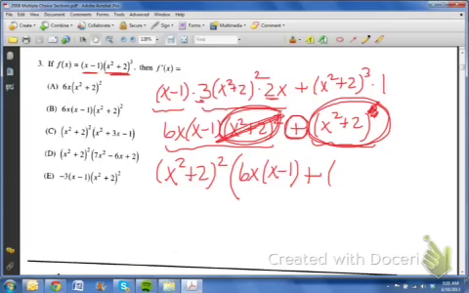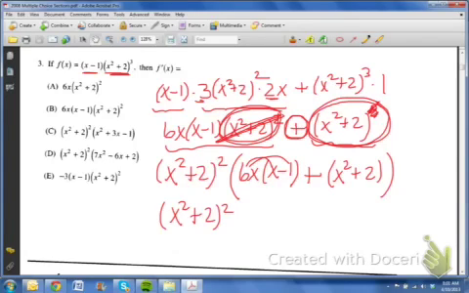So we would have x squared plus 2 left. And so if I simplify inside the parentheses there, I'll get 6x squared minus 6x plus x squared plus 2. So that's going to be 7x squared minus 6x plus 2, which would be D.